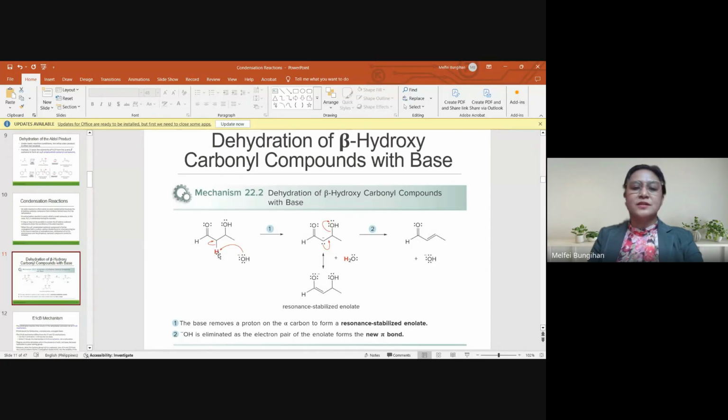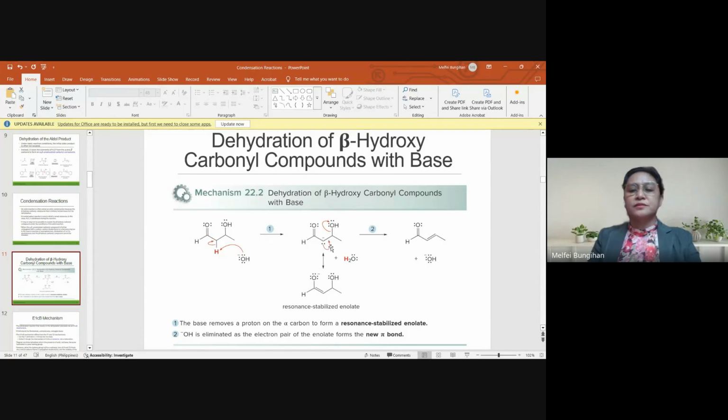You know that this is an acidic proton because it's between the carbonyl and the hydroxyl here, so that draws the electrons towards themselves, making this proton easily removed. Then there will be your lone pair here that delocalizes and pushes out the OH, so the bond between carbon and oxygen is removed.